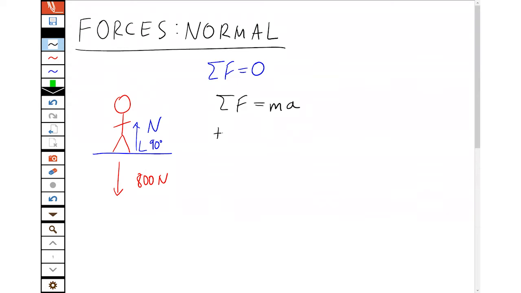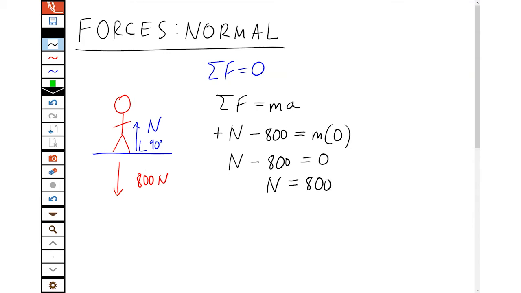Well, I have plus the normal force up minus my weight of 800 down is equal to the mass times my acceleration, which is 0 because I'm just standing there. So the normal force minus my weight is 0. So the normal force equals my weight. And that happens a lot. Not every single time, but a lot. So often it actually becomes a keyword.